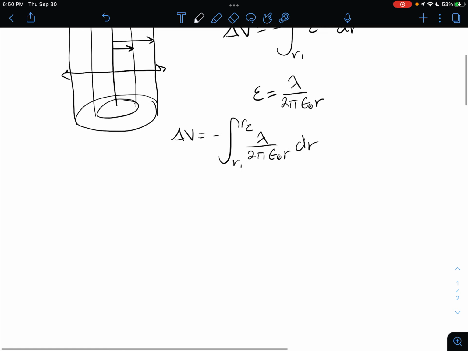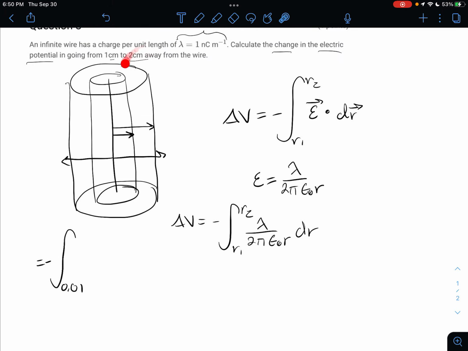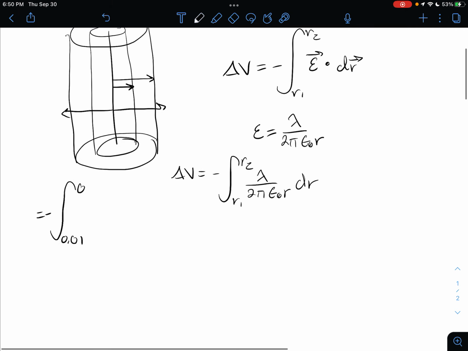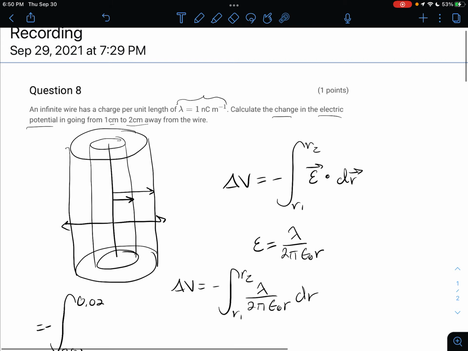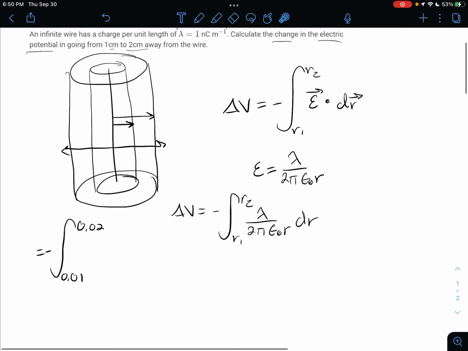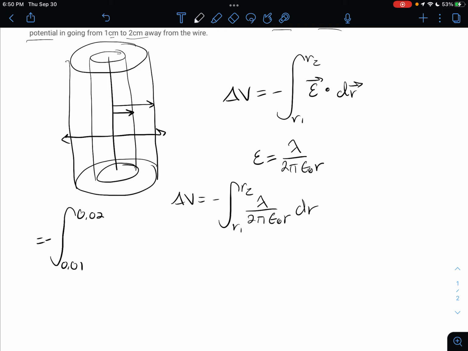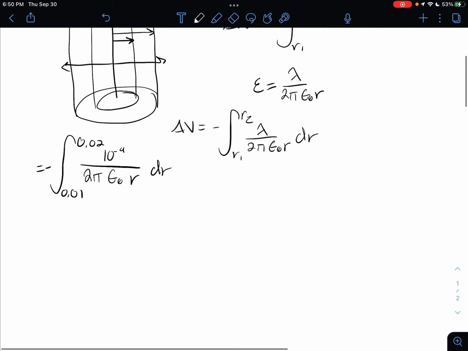So that's going to give us our negative integral from 0.01 meters to where we're ending, 2 centimeters, 0.02 meters. And our lambda is also given, which is 1 nanocoulomb per meter. Since we're keeping our units consistent, that's 10 to the negative 9th coulombs per meter, all over 2 pi epsilon naught r dr.